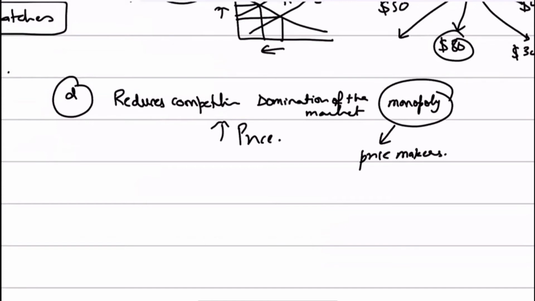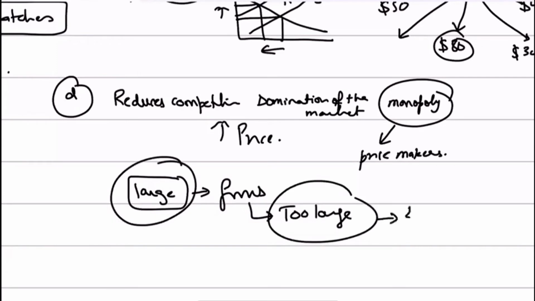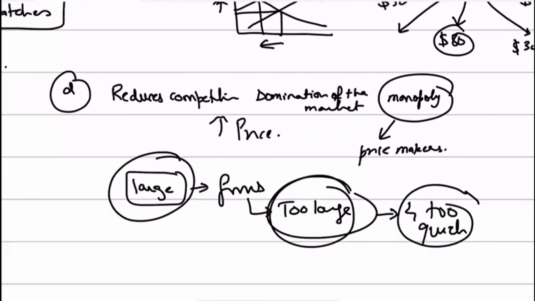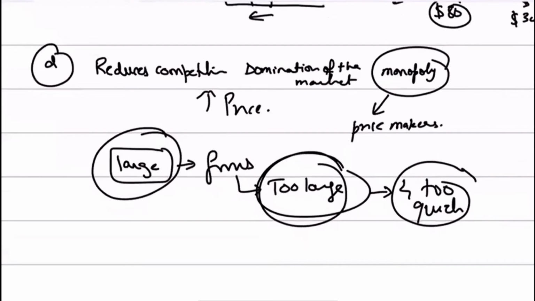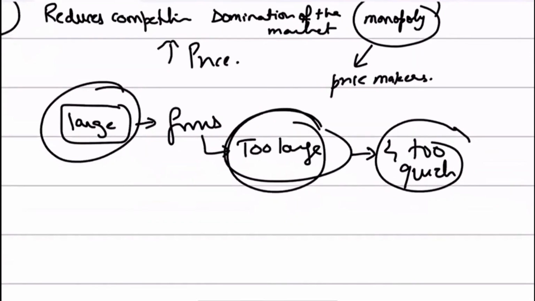So guys, another reason could also be that, for example, when firms merge together, they actually become large, right? Becoming large is not a problem, but becoming too large and too quick is a problem. If firms become too large and that happens too quickly, without proper planning and without proper resources, that will result in diseconomies of scale.